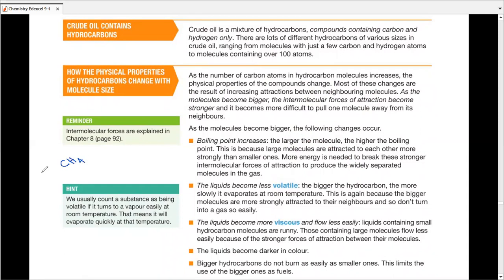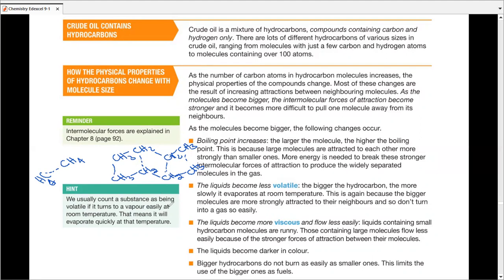For example, take methane. One methane molecule is going to attract another methane molecule with just one simple attraction point. But if you have a chain of butane, and then another similar chain of butane above it, this one is going to attract over here, this one over here, this one over here, and this one over here.